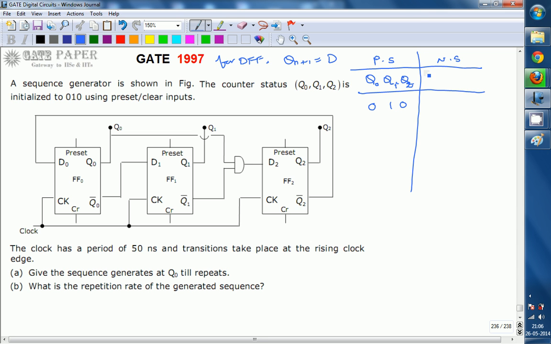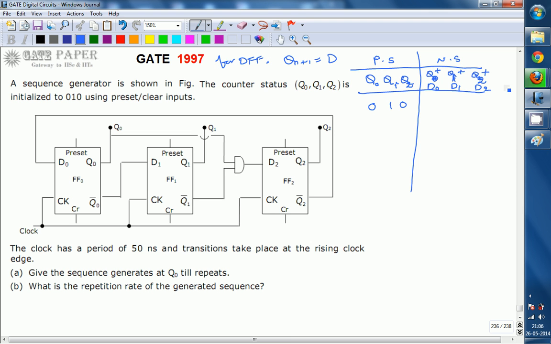The next state is Q0 plus, Q1 plus and Q2 plus. The next state of the Q0 flip-flop is D0, of the Q1 flip-flop is D1, and of the Q2 flip-flop is D2. So we must find D0, D1, D2.